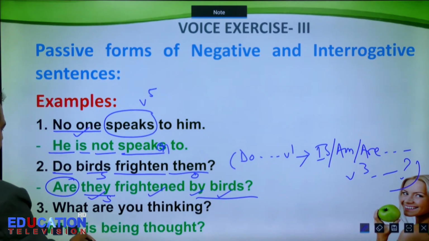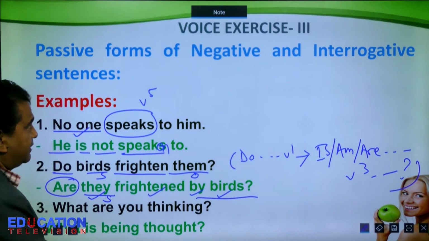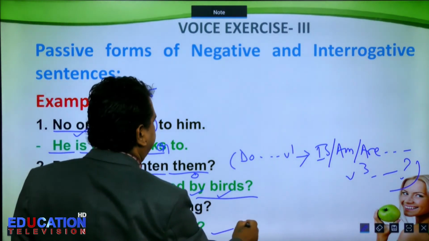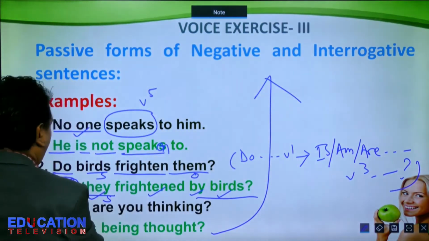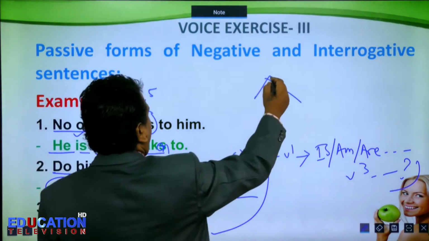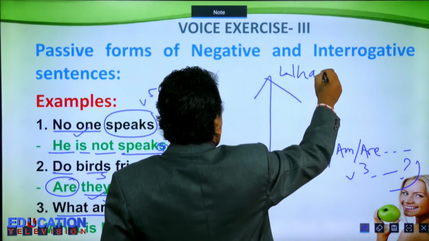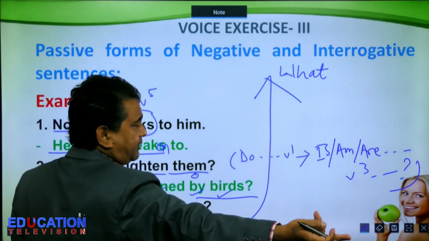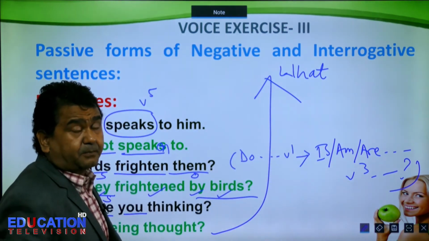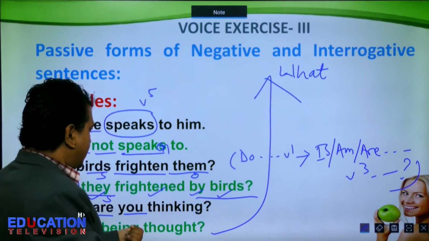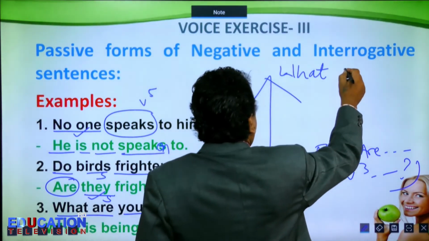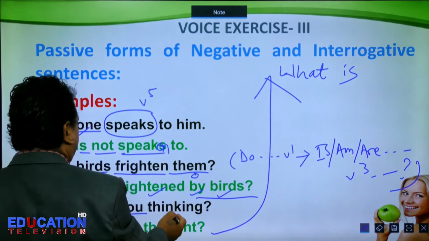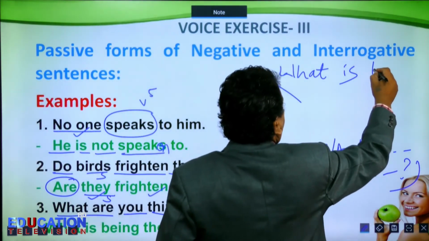So, what are you thinking? The answer is what is being thought. Let me write it clearly here. What? You is the subject, so we should place it as by plus object, but it is a pronoun, so we don't need to. With what we write is. Here is the ing form, so being.